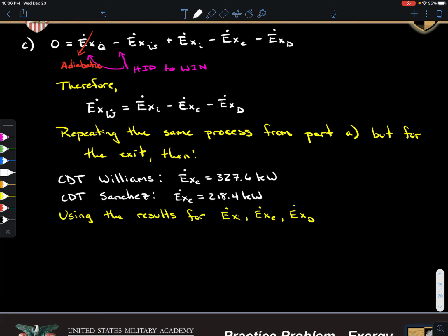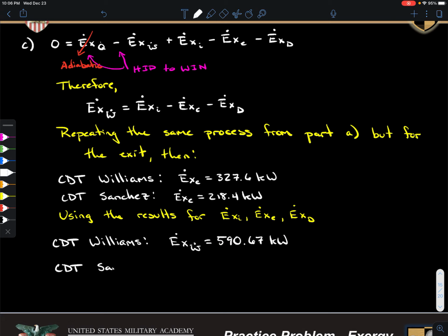And we can end up with a solution that says that for Cadet Williams, the rate of useful work that can be produced is 590.67 kilowatts.